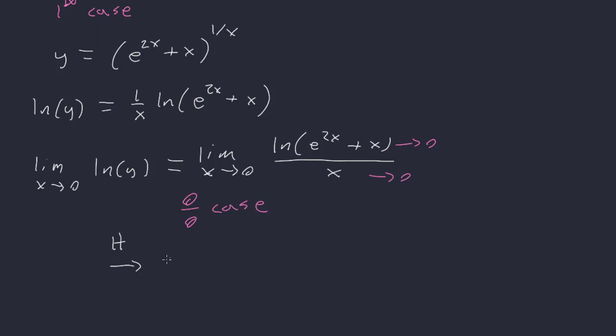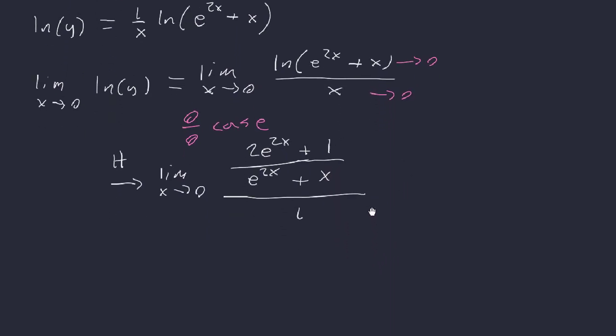Okay, so we'll take the derivative of the top, which is again the natural log of stuff. That's pretty much what always is going to happen here. So we'll get 2e^(2x) plus 1, all over e^(2x) plus x. All over, well, the derivative of x is just 1.